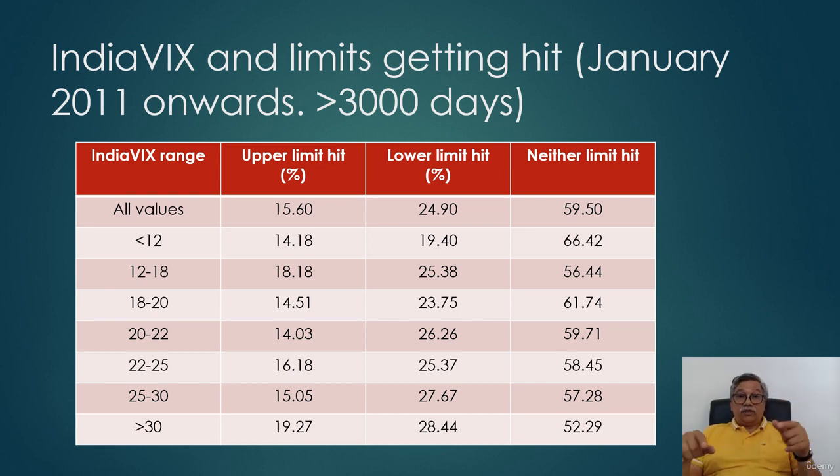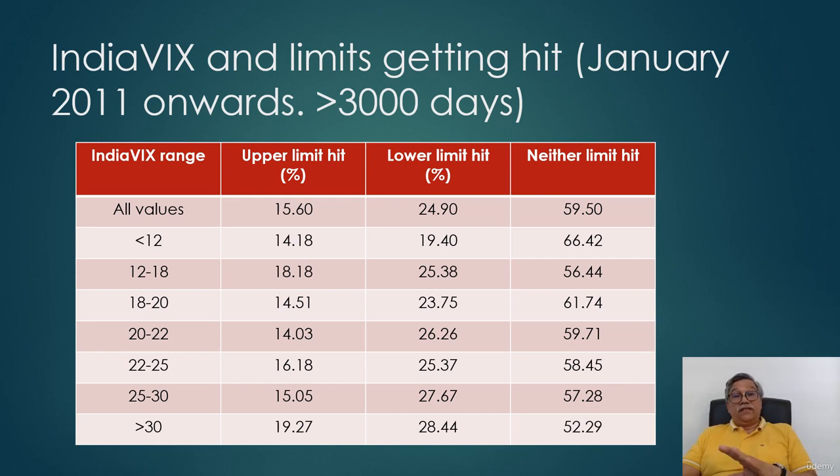So for the remaining 19% of the time, though it crossed the limits, it comes back within the limits and closes there. If VIX is 12 to 18, 18% of times the upper limit is hit and 25% of times the lower limit is hit; 18 to 20 is also almost the same. In general, looking at this entire table from top to bottom, you can say that the upper limit is hit 17 plus or minus 2.5 to 3% of the time, and the lower limit is hit roughly 25 plus or minus 2 to 3% of the time, whereas approximately 55 to 60% of the time neither limit is hit.